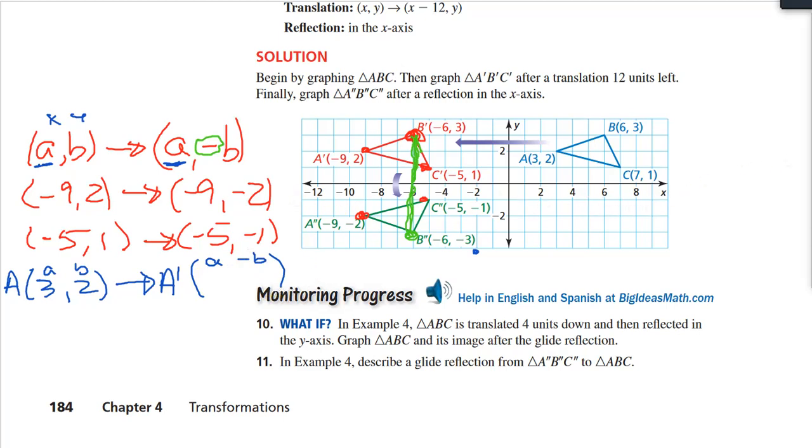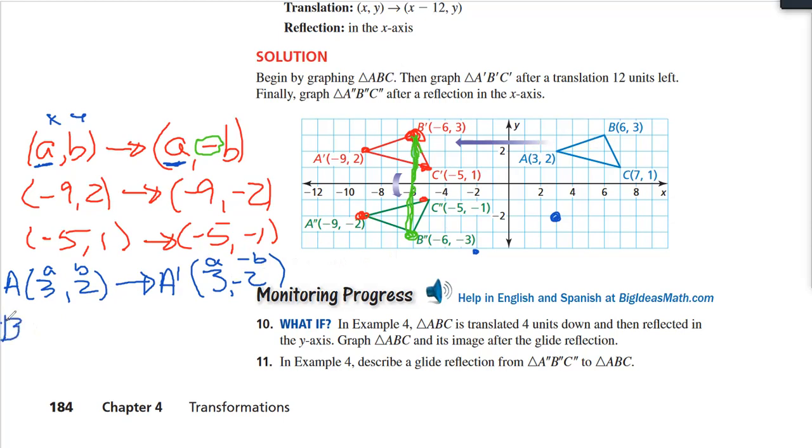So that's right, Gianna. It's 3, -2. The x coordinate stayed the same, right? A went to A, nothing changed. B just became -B.